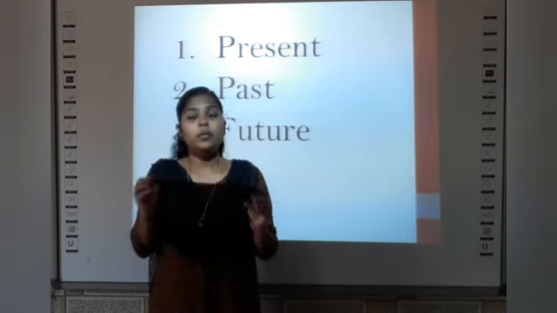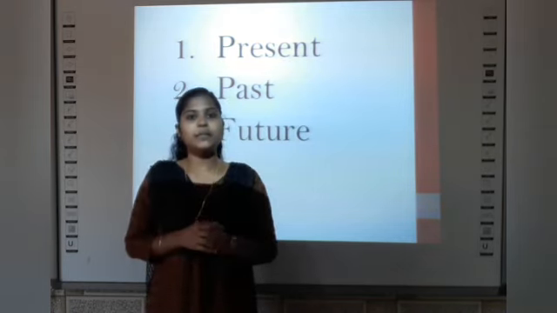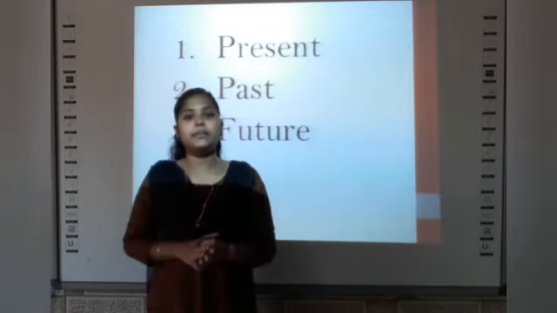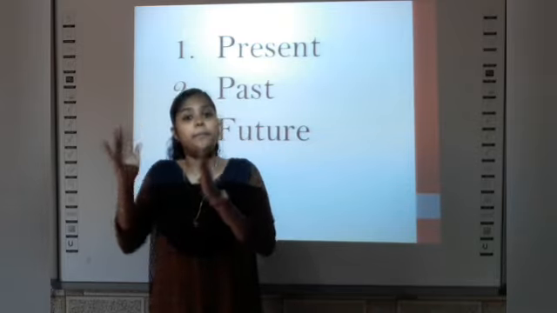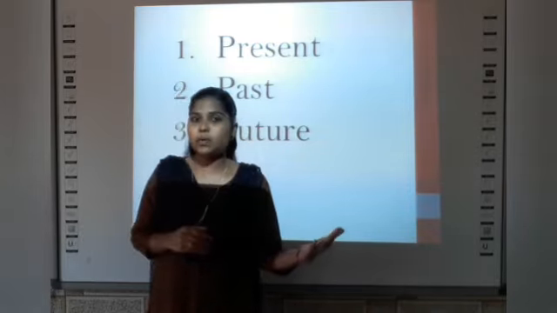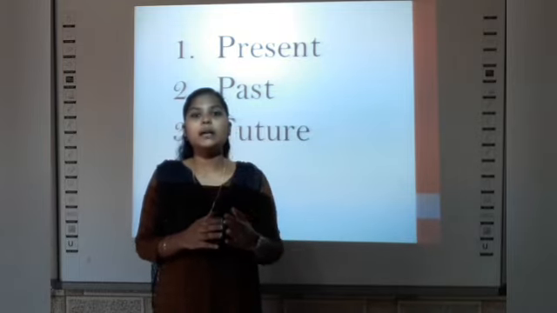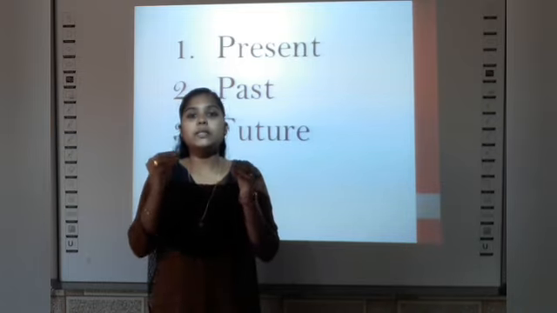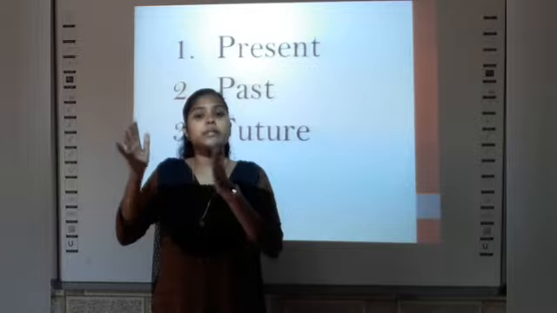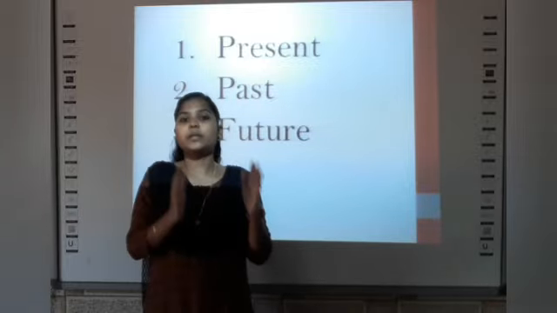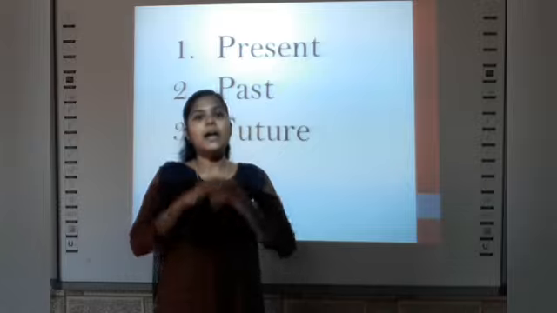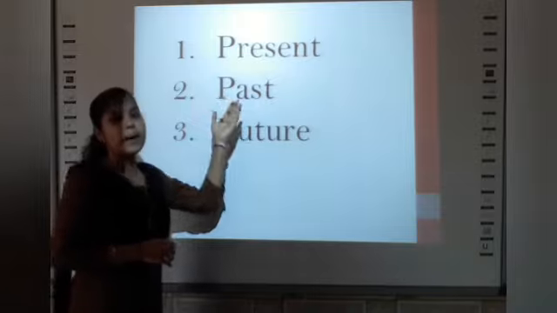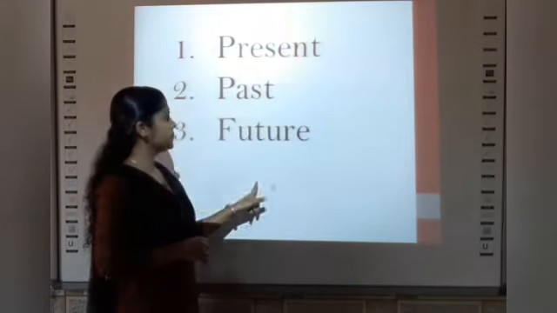This year, it is the present year, isn't it? 2010 or 2019, 18, 17, they are past. 2021, 2022, they are indicating future. The time indicates 2020 is present. 2015 is past and 2025 is future. So there are three kinds of tense. They are present tense, past tense and future tense.